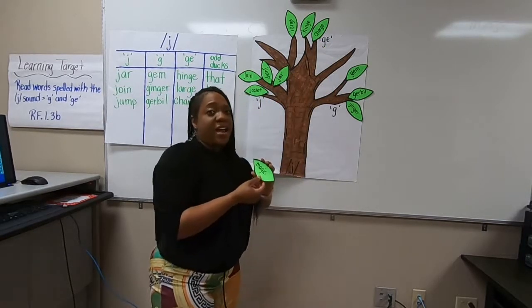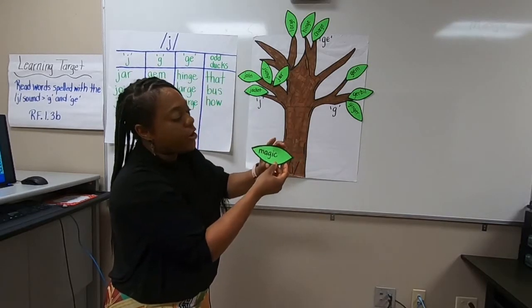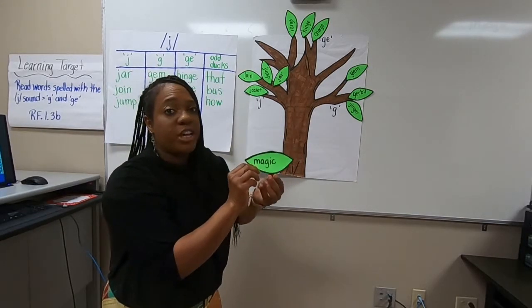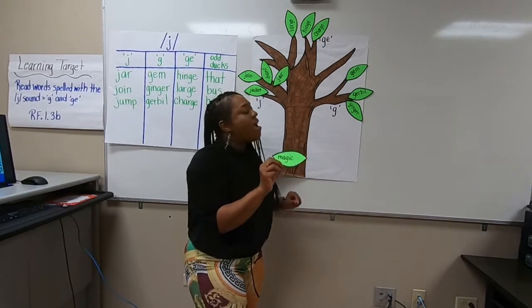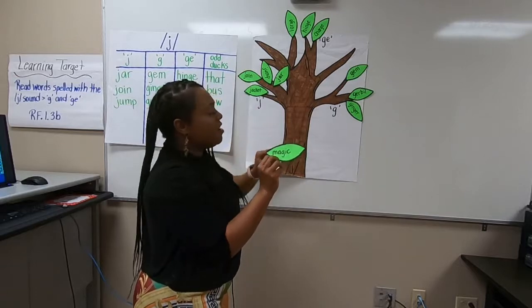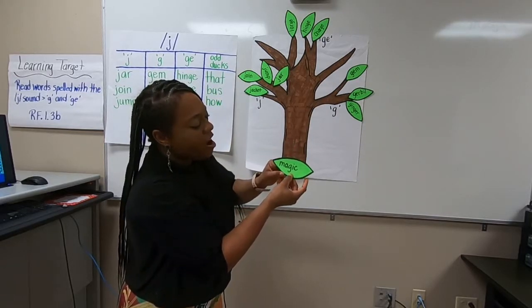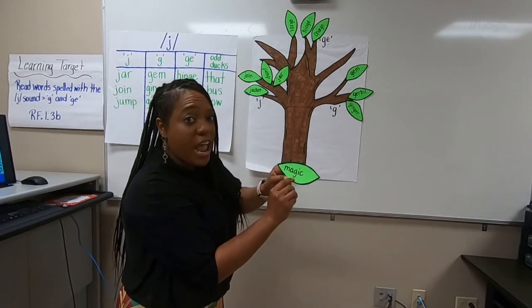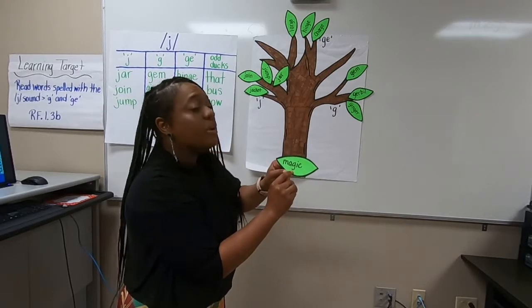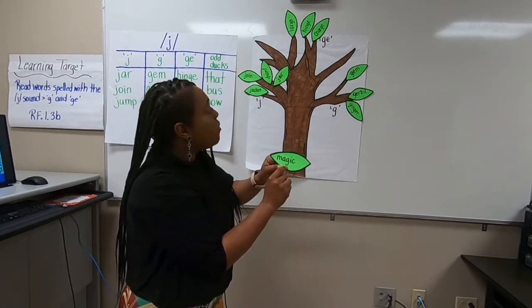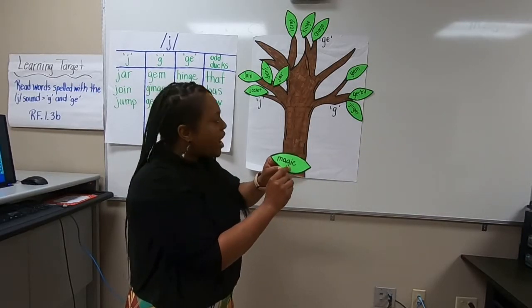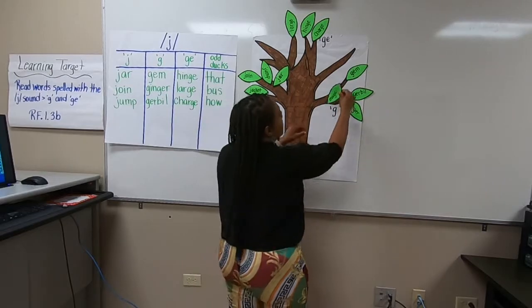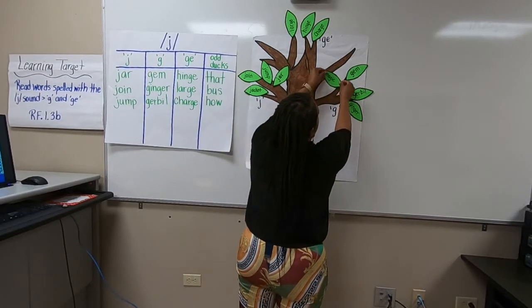Now, we can automatically see in our word that it does not have GE in it, so we can cross these branches out. Okay, so let's look. Is it a letter J? No, it's the letter G. So it's going to go under which branch? Very good. It's going to go under the letter G branch.